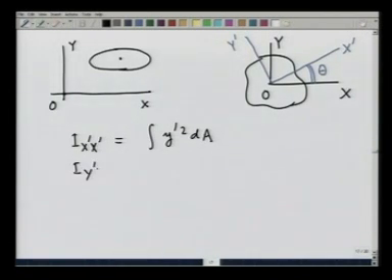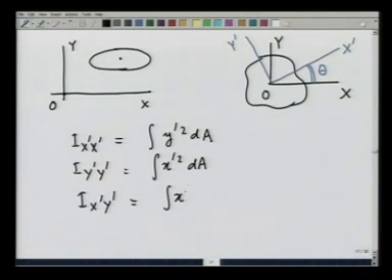I y prime is going to be equal to integral x prime square dA, and I x prime y prime in the second frame is going to be integral x prime y prime dA, where we choose a small area dA whose coordinates in the original system are x and y, and in the new system are x prime, y prime.